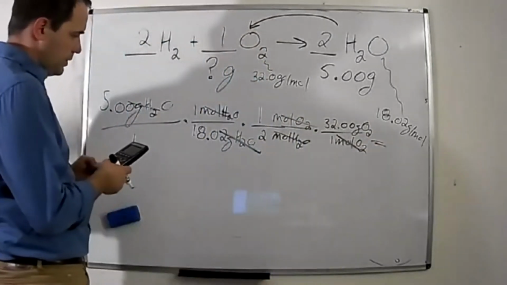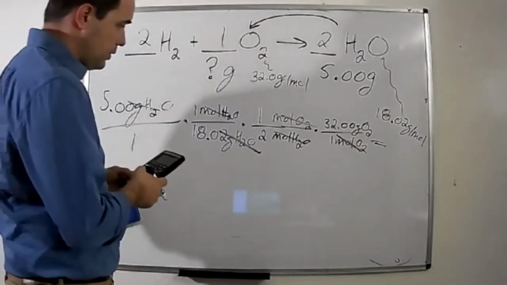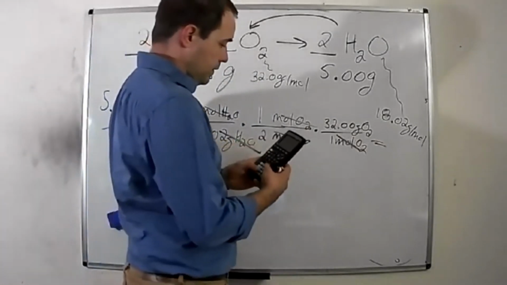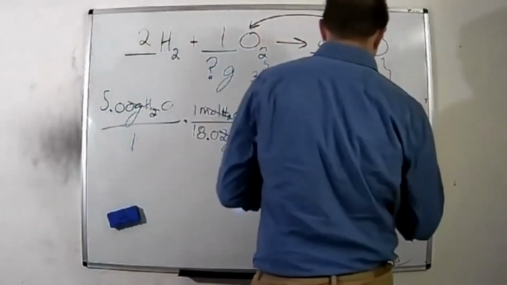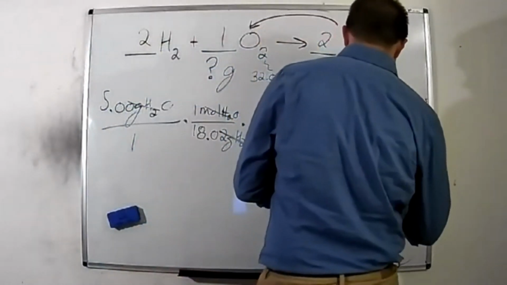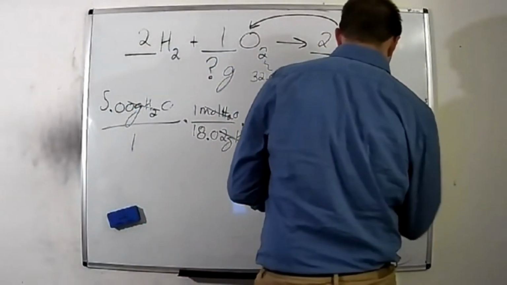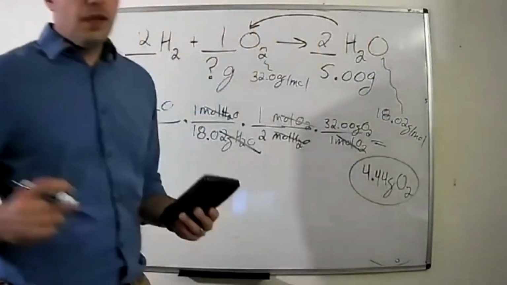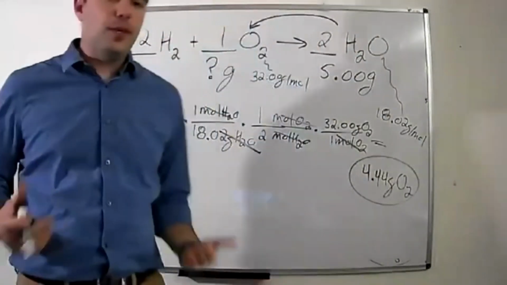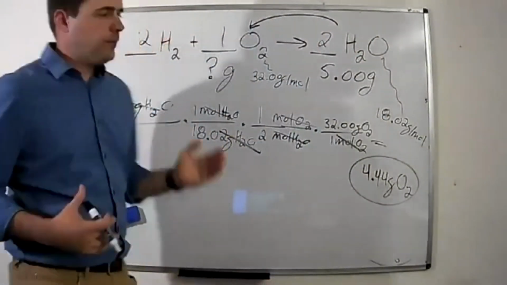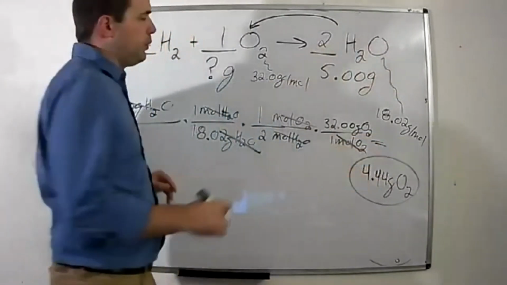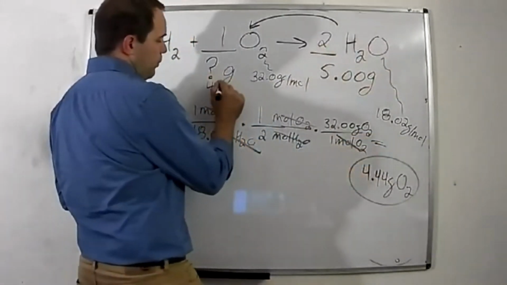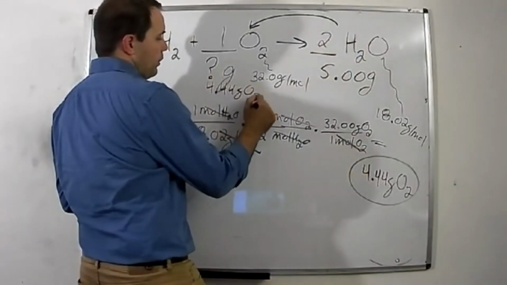So 5.00 divided by 18.02 divided by 2 times 32. And with 3 sig figs, you should get 4.44 grams of O2. This is the kind of stuff that we chemists do all the time. If I want to make 5 grams of H2O, then I need to put in 4.44 grams of O2.